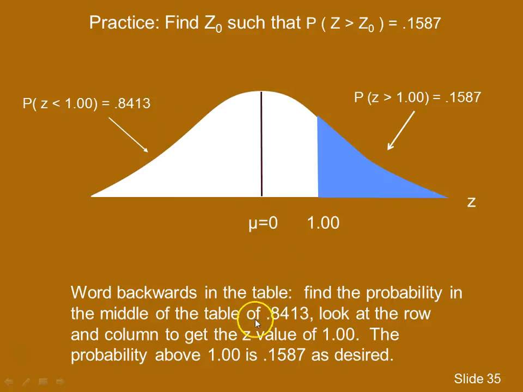So go to your positive z table, find 0.8413 in the middle of the table, look at the row and column you're in, and you should get a z value of 1.0. So the probability that z is above 1.0 is 0.1587. I know this wasn't drawn to scale very well, and I apologize for that. Imagine it was a little smaller.